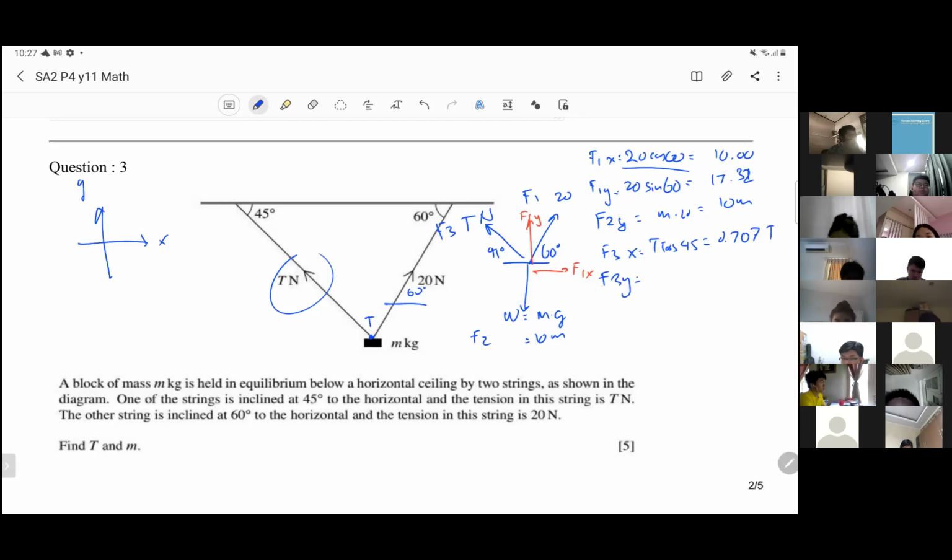F3 on the y-axis. Brandon. Brandon, are you there? Yes, sir. Okay, give me F3Y. F3 on the y direction. Are you not following me before? Oh, F3Y.